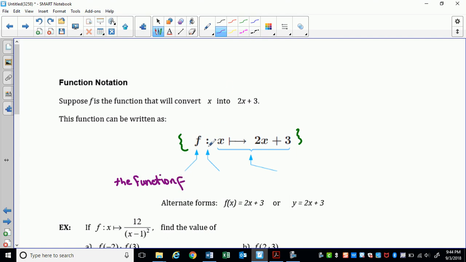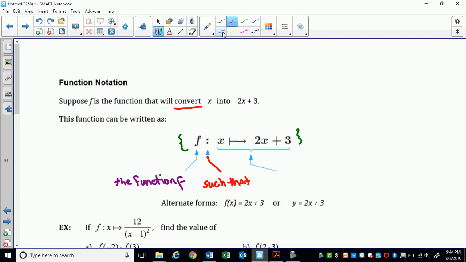And then the little colon right here in math means such that. Okay, that's what this colon means. Let me just make my arrow red. And then x, I'm going to write x goes to 2x plus 3. I have also seen x is converted to 2x plus 3.